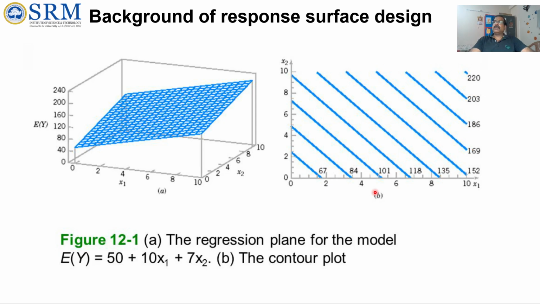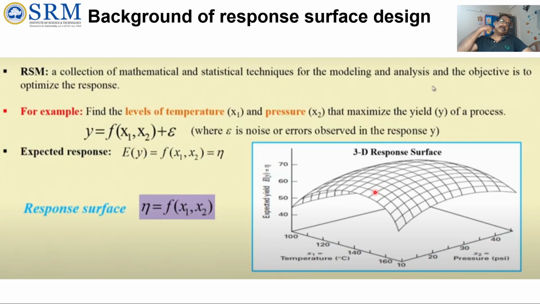So this one you need to remember. As I said, the objective of RSM is to optimize the response. The response value is a function of factors x1 and x2 plus the error term, or noise factors, or uncontrollable factors.